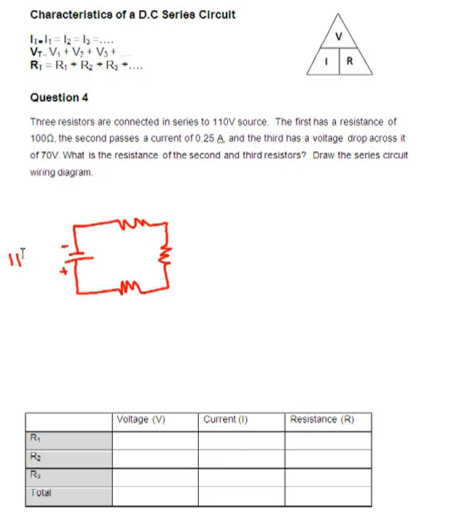We have a 110 volt voltage source, R1, R2, and R3. R1 is 100 ohms. R2 we're given is 0.25 amps. And the voltage across R3 is 70 volts.